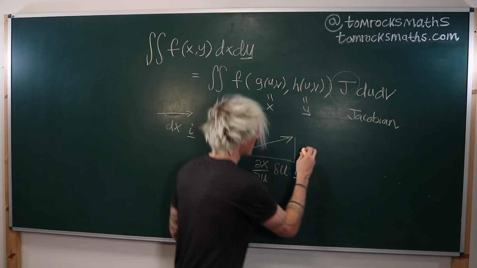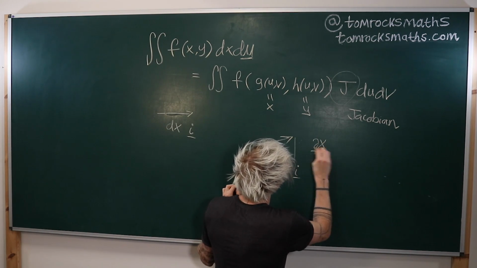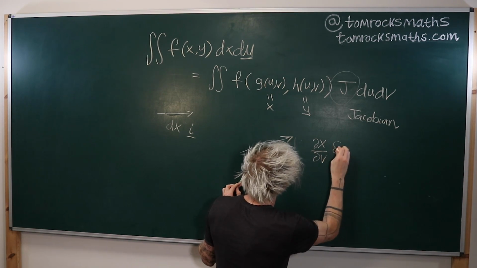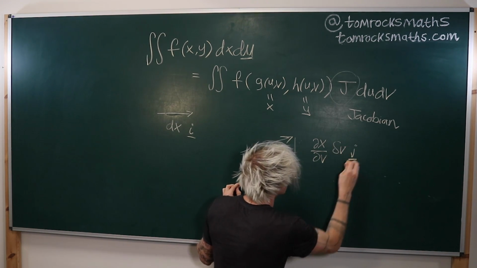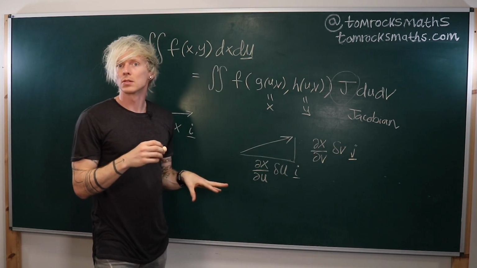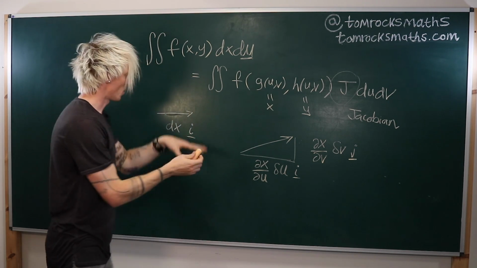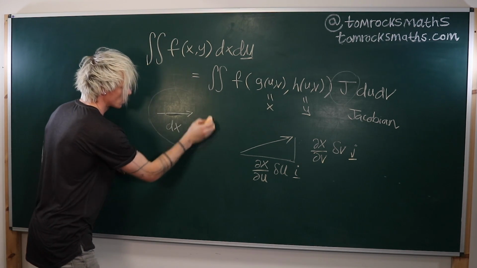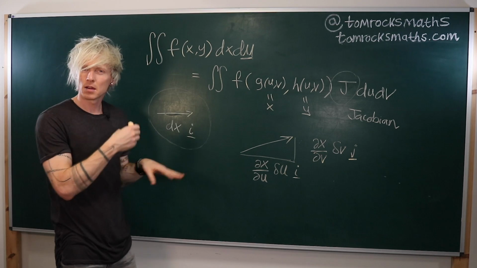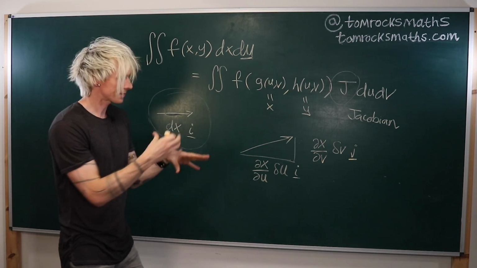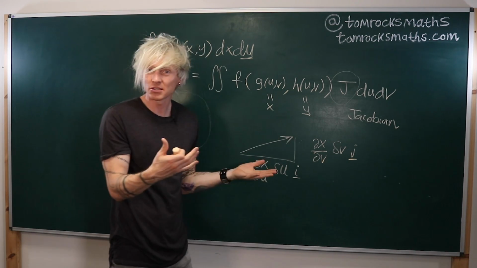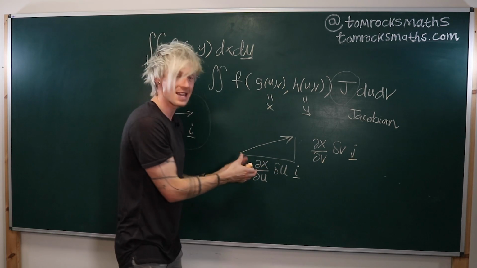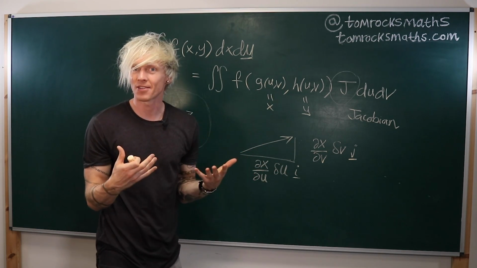And similarly, this component will be dx by dv multiplied by delta v, and again that's going to be the vertical component. So our original horizontal line on our rectangle has now got an angle. It's the vector A for the base of our parallelogram.